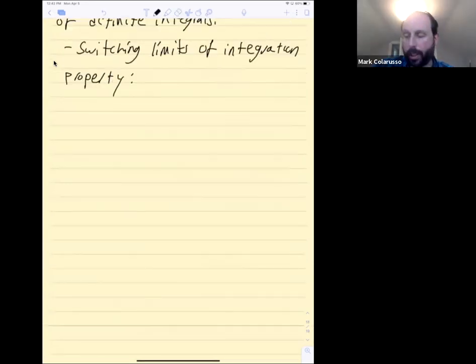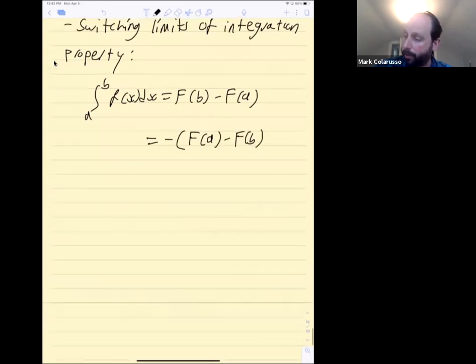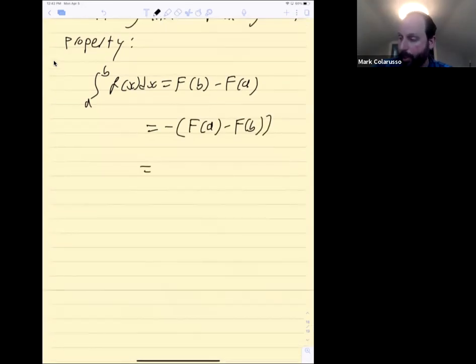Okay, so this is actually really easy to see. If you do the integral from a to b, f of x dx, by definition, that's F of b minus F of a, where capital F is any antiderivative of little f. But that's the same thing as, when you factor out a negative, F of a minus F of b. That's the same thing as the integral from b, the bottom limit, to a, the top limit, of f of x dx, with a negative out front.